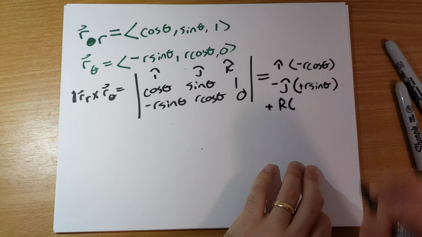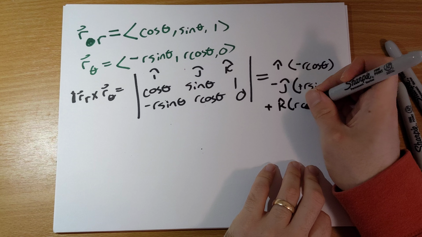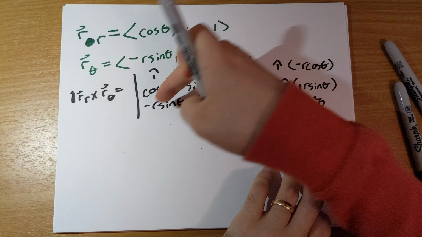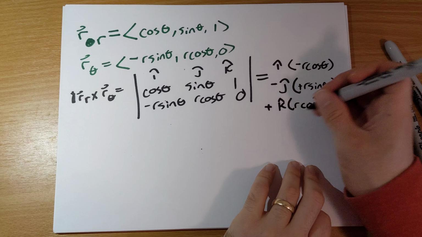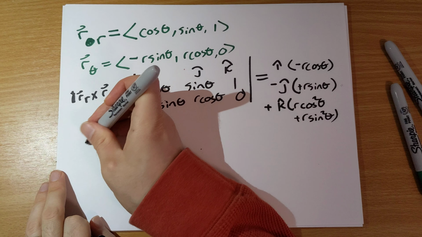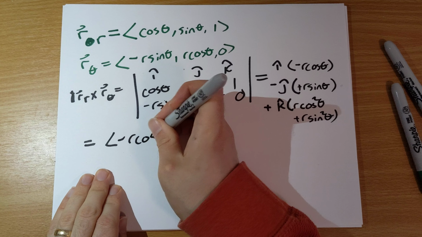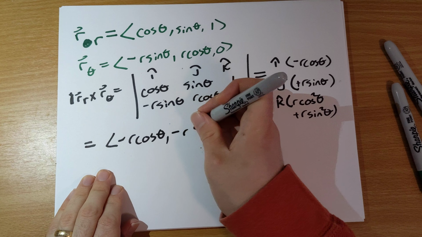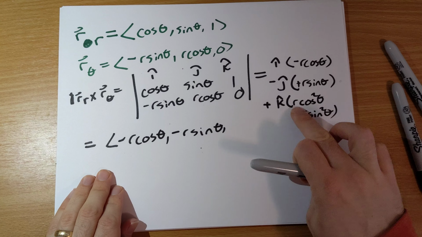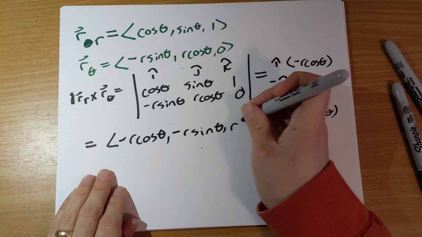Plus k hat times this will give us r cosine squared theta. This times this, subtracting that will give us r sine squared theta. Okay, this will simplify. Negative r cosine theta, negative r sine theta. R times cosine squared theta plus r times sine squared theta is r.